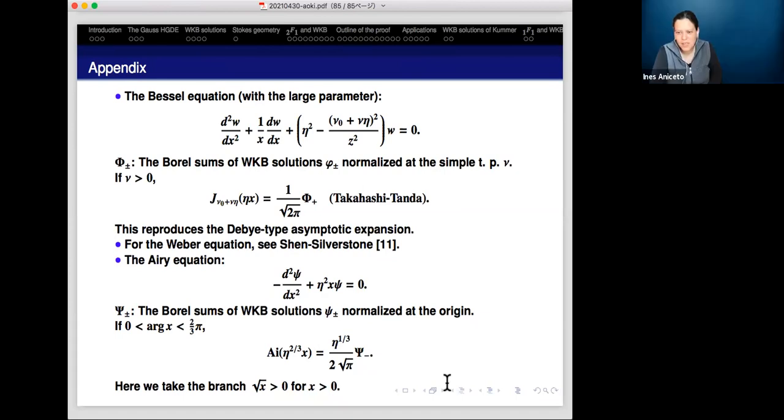I guess part of this has been discussed, but do you see any obvious generalizations of these connection formulas and asymptotics that you find to other problems, apart from the ones that Nikita has mentioned and have been discussed?